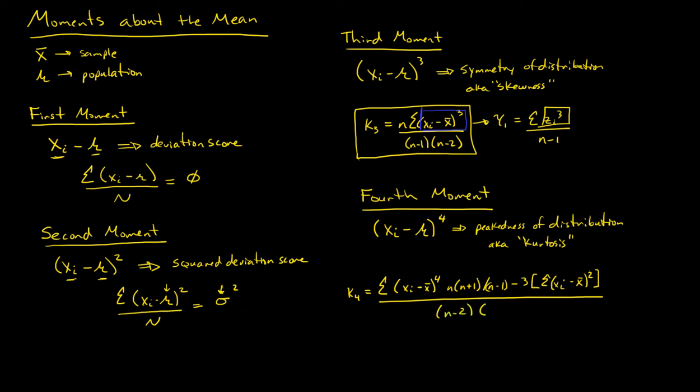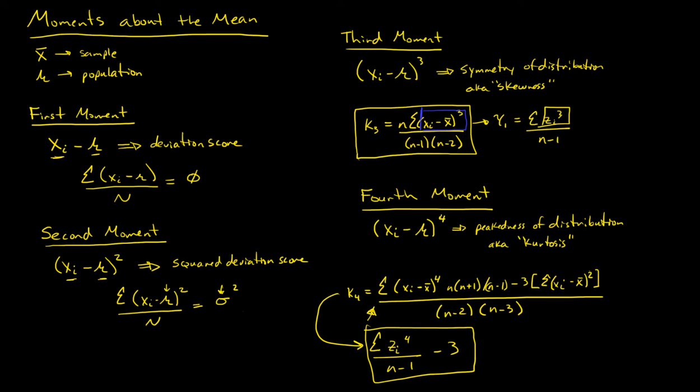I'll show you the z-score equivalent. We took this whole booger right here and just made it the sum of the z-scores to the fourth power divided by n minus 1, minus 3. So this became our equivalent, and just much easier mathematically to deal with than this one up here. And so those are your four moments about the mean.